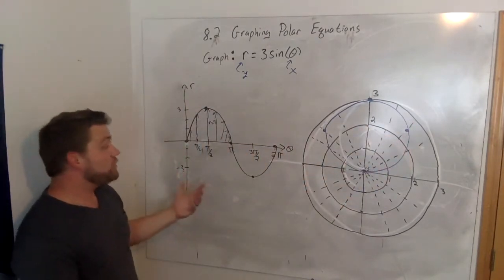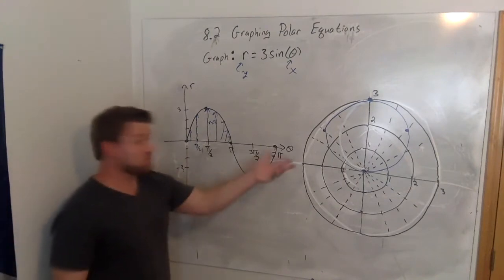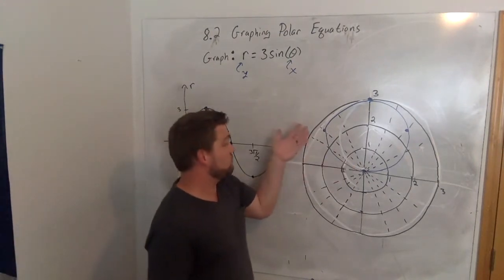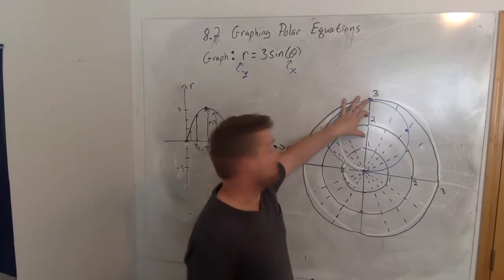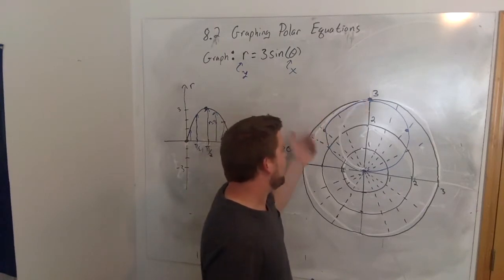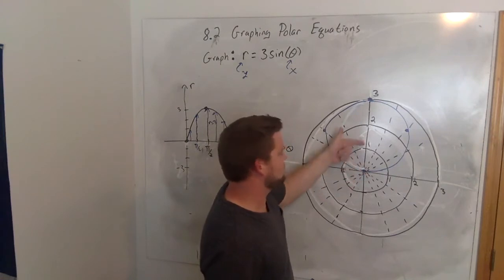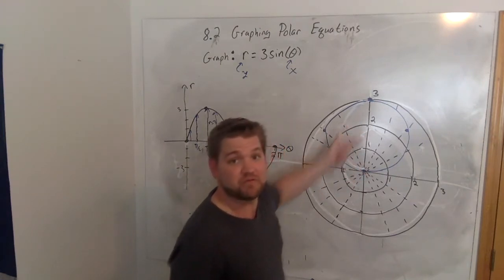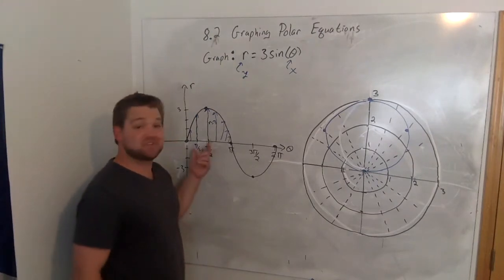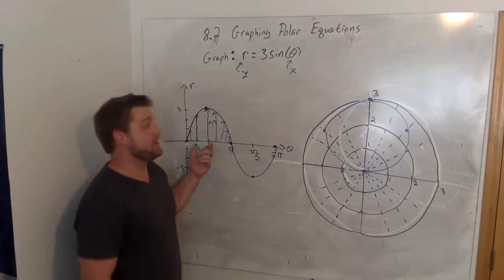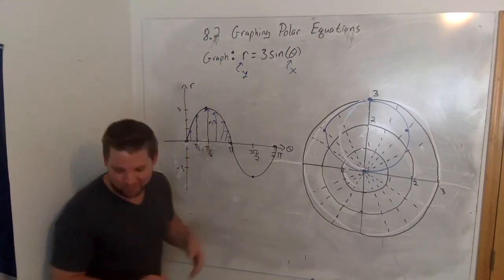Okay, so what do we have here? We now have this circle. We have a circle, again, what is this? A circle of radius 1.5, and its center would be at what? An x coordinate of 0 and a y coordinate of 1.5. But what's great is it was a lot easier for us to look at this graph here than to make this giant t-table.